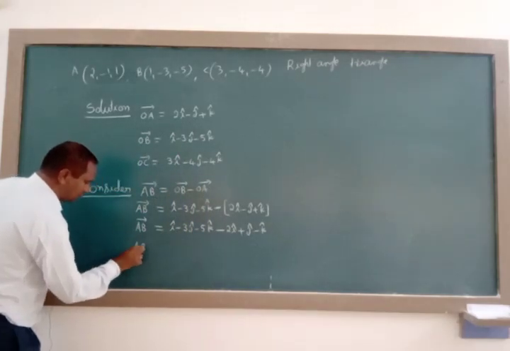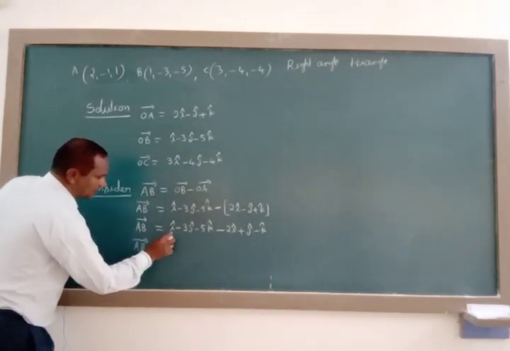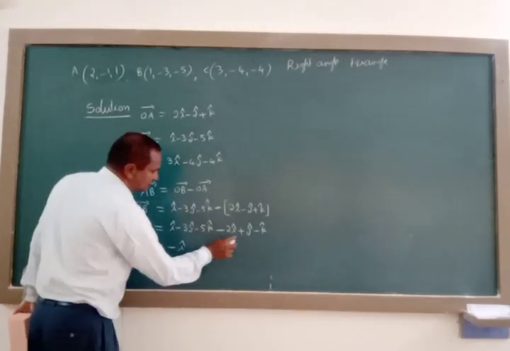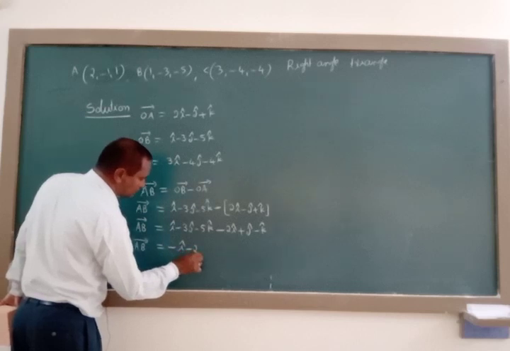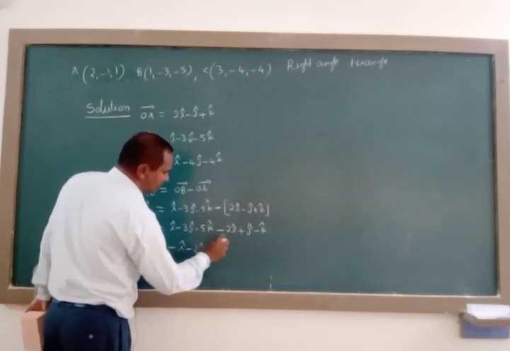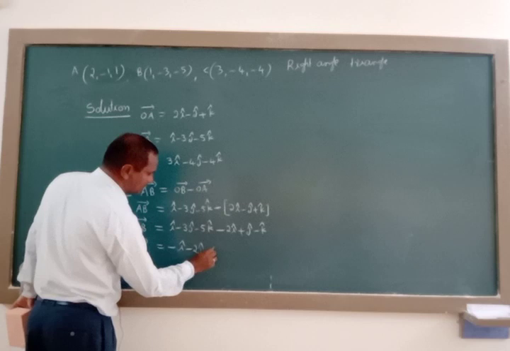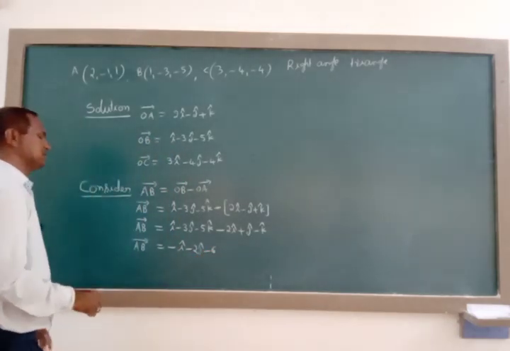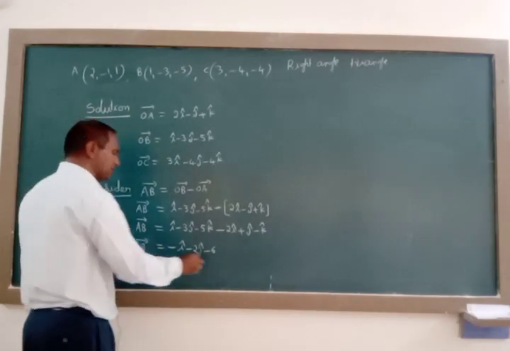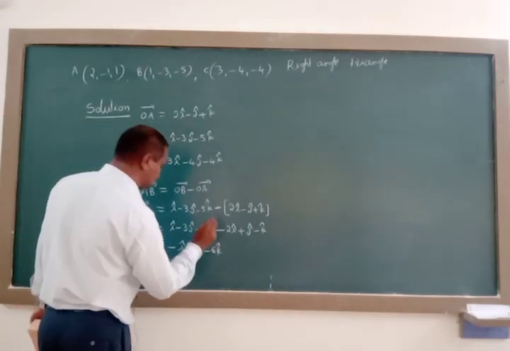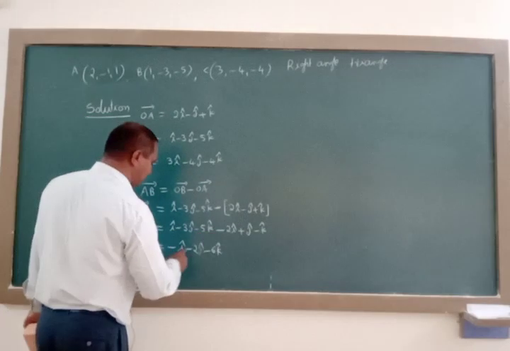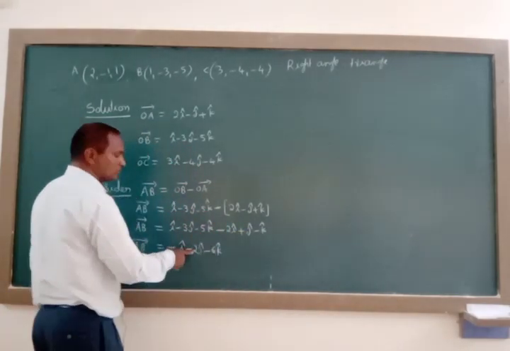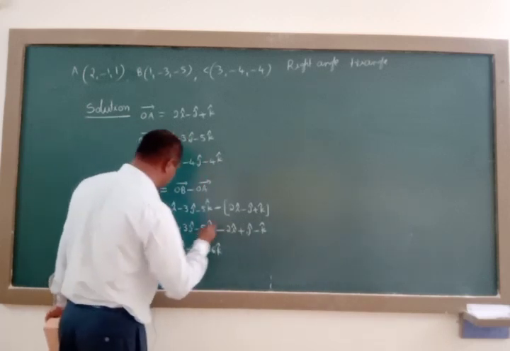AB bar is equal to i cap minus 2i cap, minus i cap, minus 3j plus j, minus 2j cap, minus 5k minus k, minus 6k cap, because they have same signs, so we must add them. i minus 2 means minus 1, minus 3 plus 1 means minus 2, minus 5 minus 1 means minus 6.